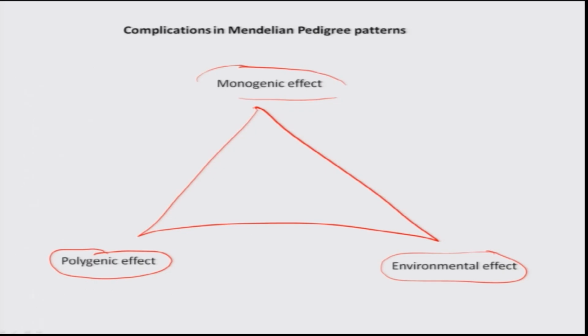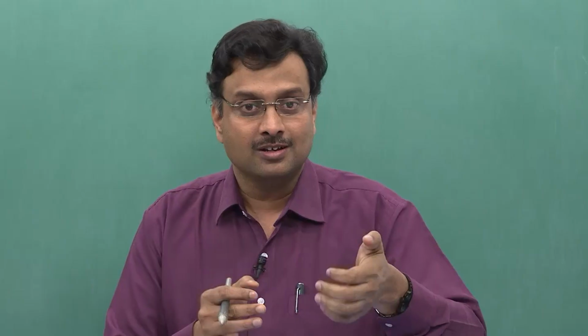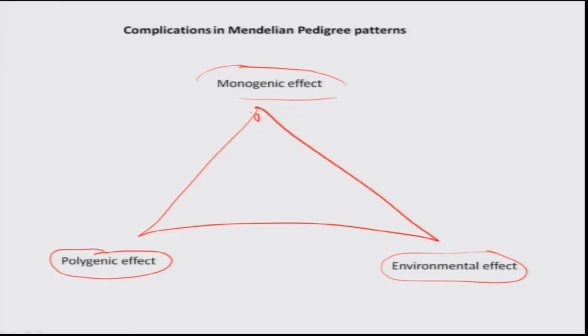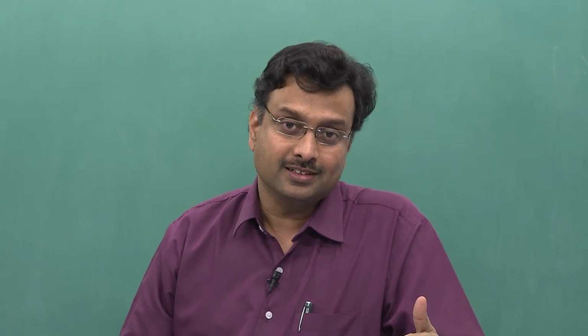If you talk about hand clasping, with your left thumb over the right, that is probably monogenic because you can trace it in the family. Hemophilia that we discussed is monogenic. But you have dominant disorders that are incompletely penetrant, meaning 60% penetrance. So you may have the genotype, but the probability that you would develop the disease is 60%.